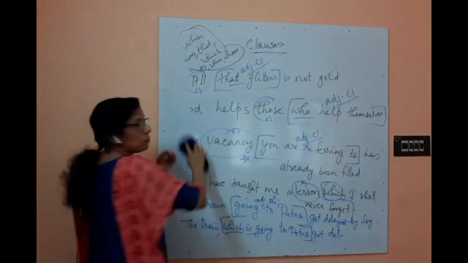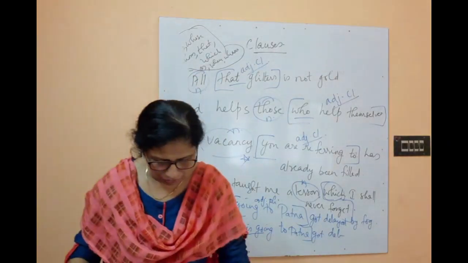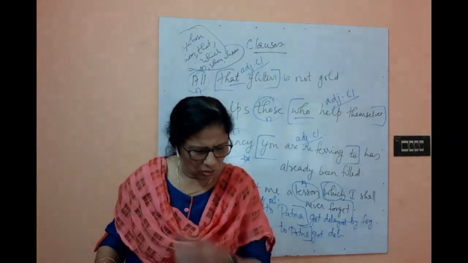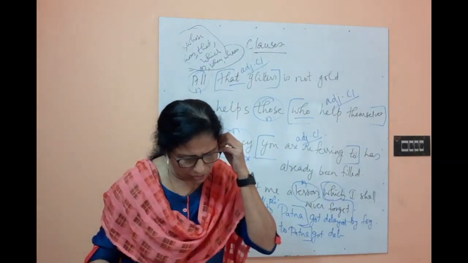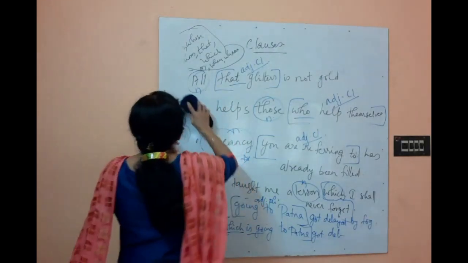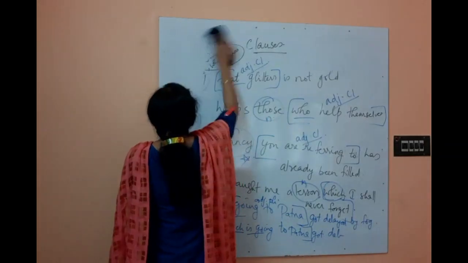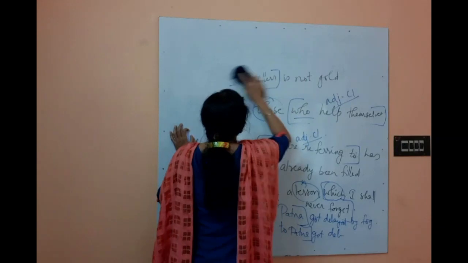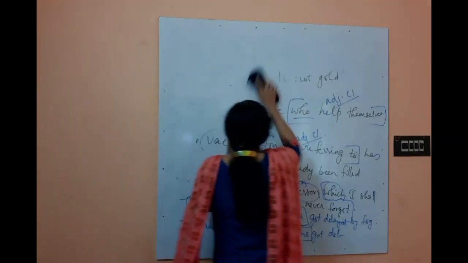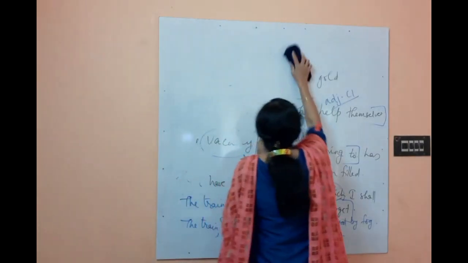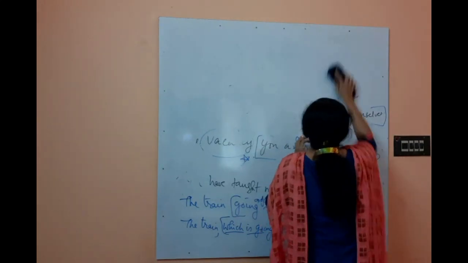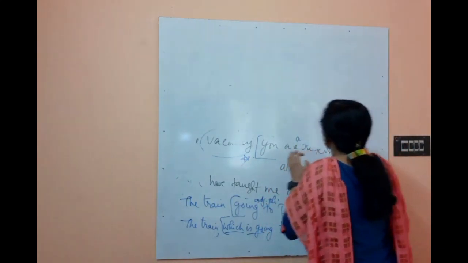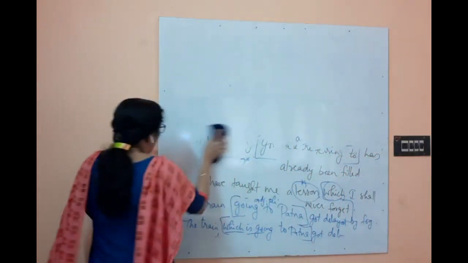I hope, children, these things are clear to all of you. Conversions from clause to phrase and phrase to clause will not be asked much, but picking out and identifying an adjective clause will be there, so you should know it clearly. Remember who, whose, whom for persons, which for things, that for both persons and things, and as, when and where also.